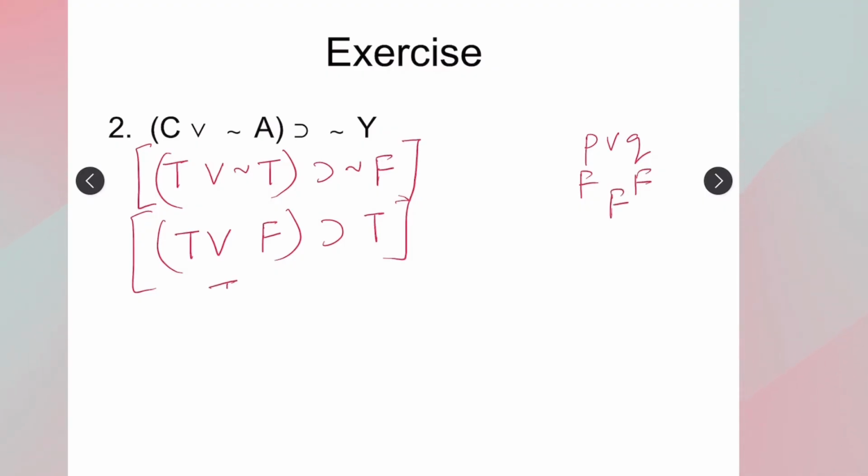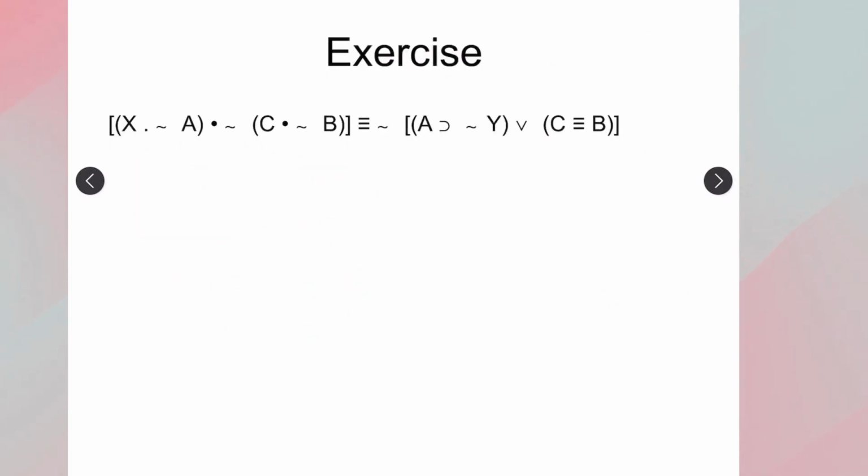Here it will be true horseshoe true, and in P horseshoe Q, if true false comes, then only in that case it will be false. So again here it's true. Now let's move to the next case. So we have horseshoe, we have wedge, and we have tri-bar also. Let's try to solve this case.